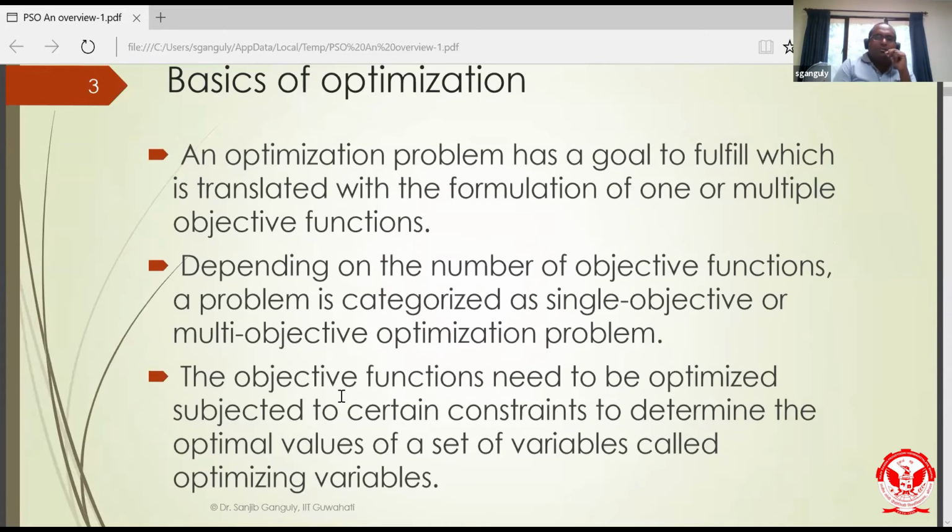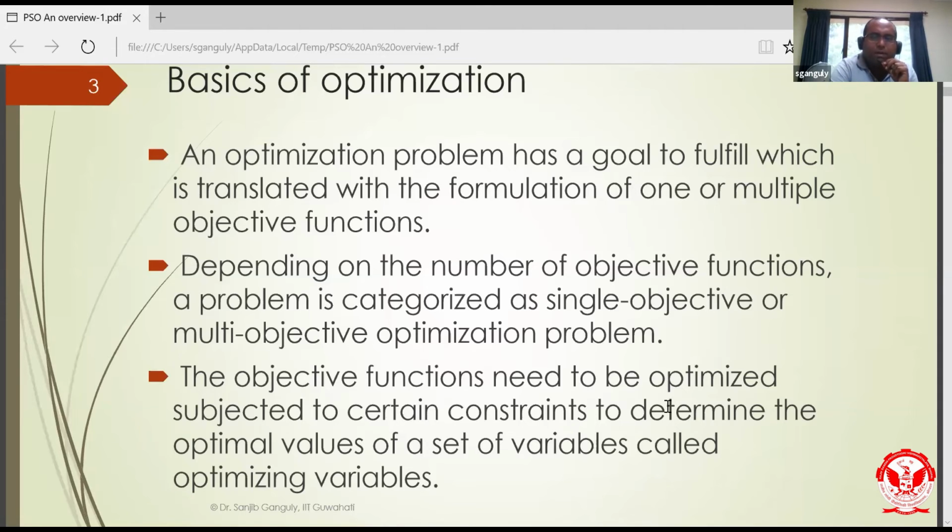So this is very simple. In optimization, we have a goal or multiple goals, which we can translate into a number of objective functions. These objective functions need to be either minimized or maximized under certain constraints. Constraints are also mathematical functions; I will show you later on. And why do we do so?